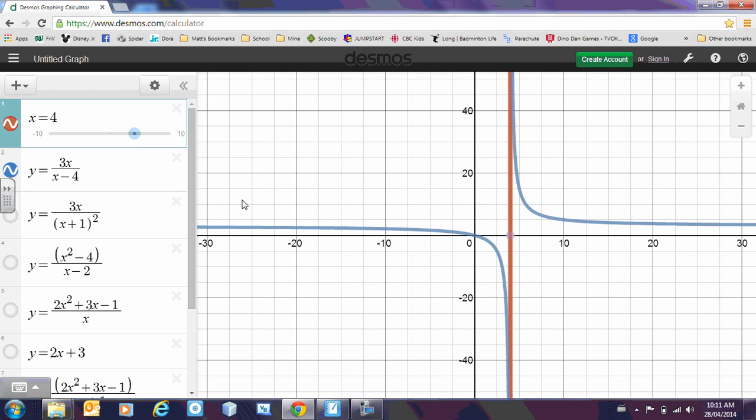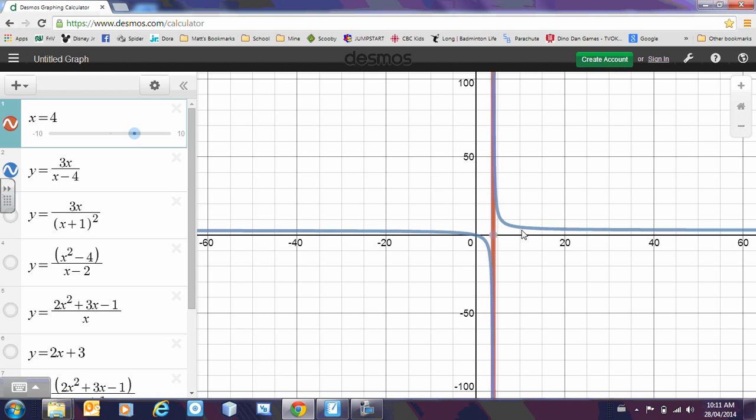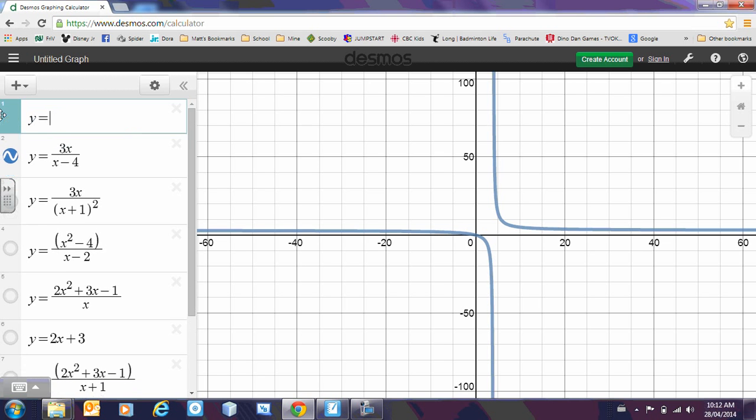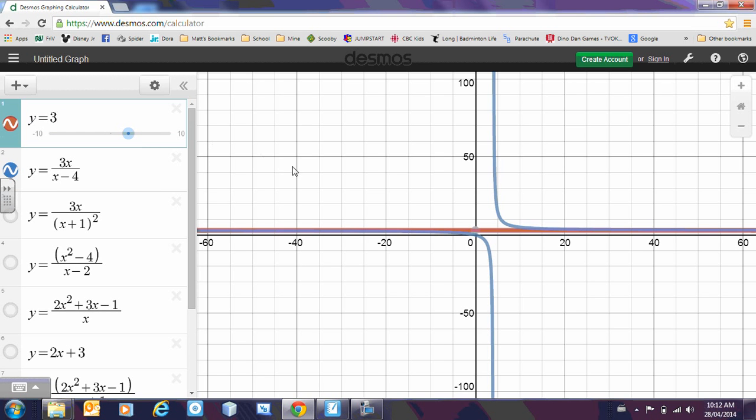What we see this time though is there's another line here where this section of the graph is staying above and flattening out, and this section is staying below and flattening out. And of course that's going to be what we call the horizontal asymptote. The horizontal asymptote, it turns out in this case, is at y equals 3.